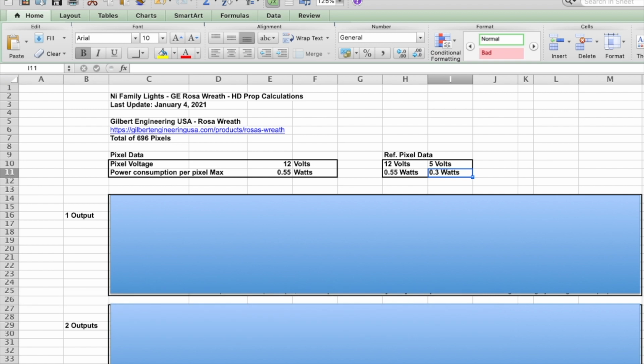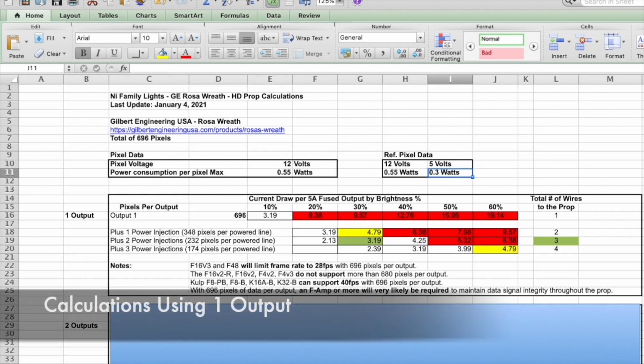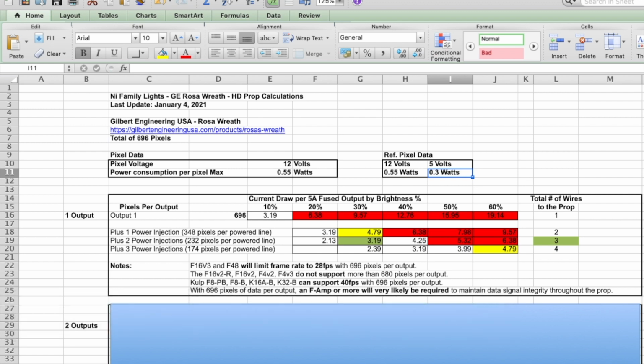Given the density of these props, it's likely you'll want to run the same brightness or lower than the rest of your lights. Here we are taking a look at if we were just to use one output from a controller. This can be done if you are running at 10% only, drawing 3.19 amps. If you're trying to run higher at 20, 30, 40 or above, you're going to need to do some power injection.